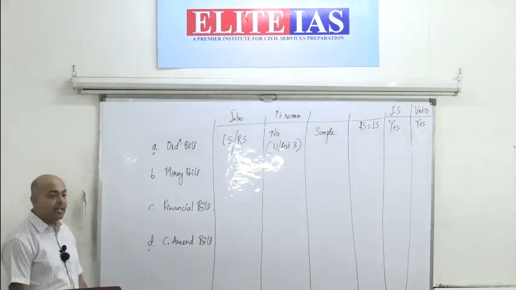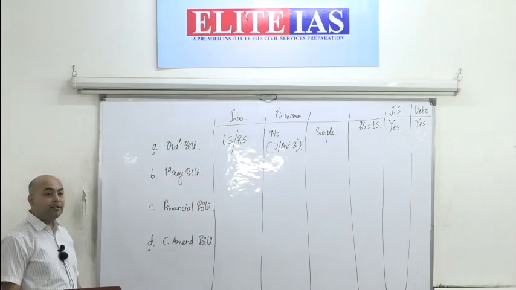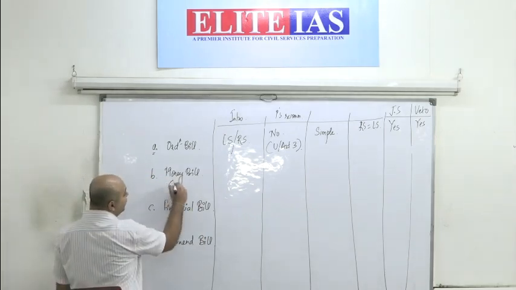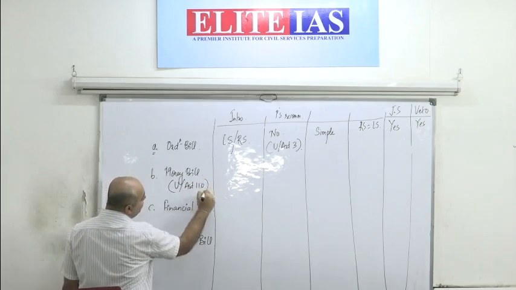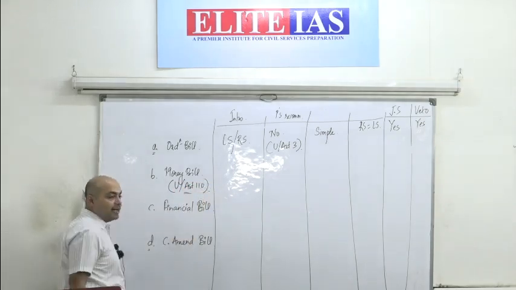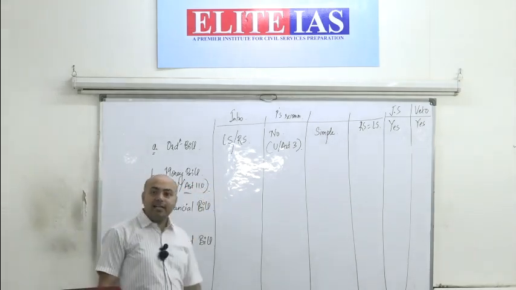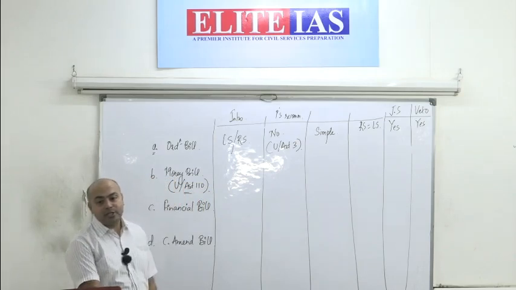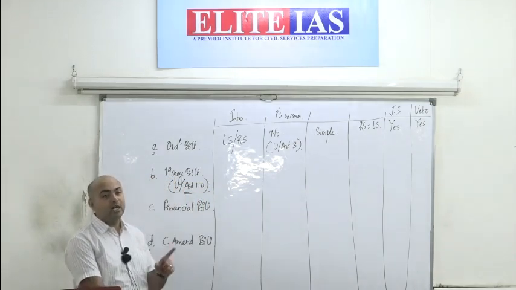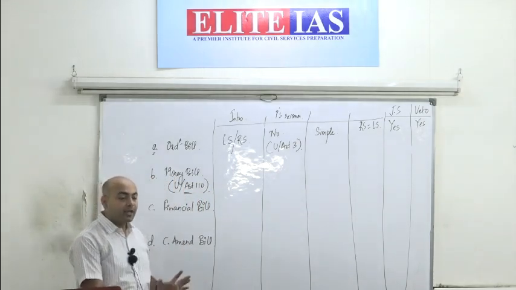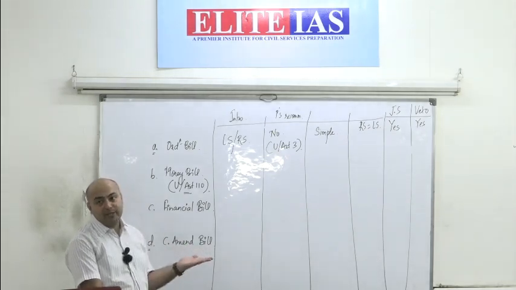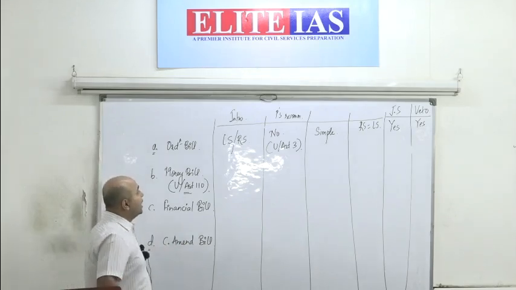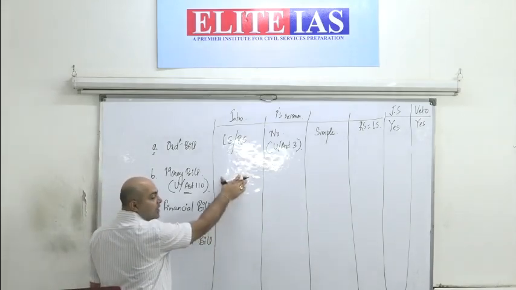What is a money bill? A simple answer to this is any bill covered by Article 110 of the Constitution. Article 110 deals with what a money bill is. But how is a money bill different from an ordinary bill is what we are going to look at now. Can a money bill be introduced in both the houses?